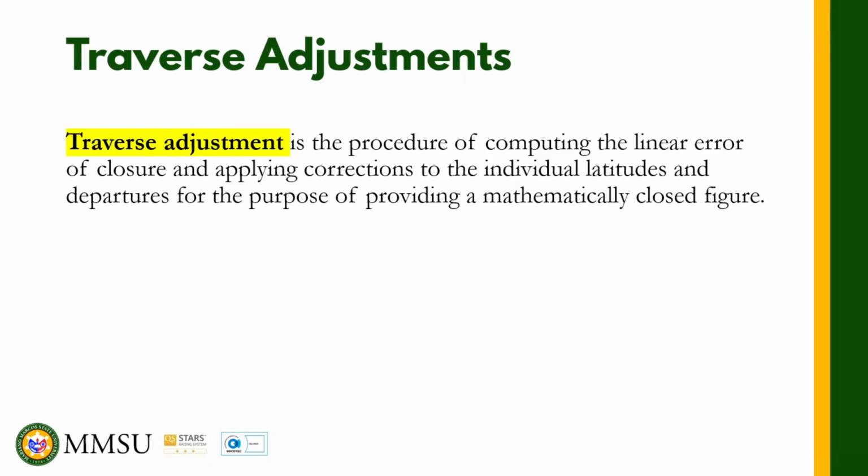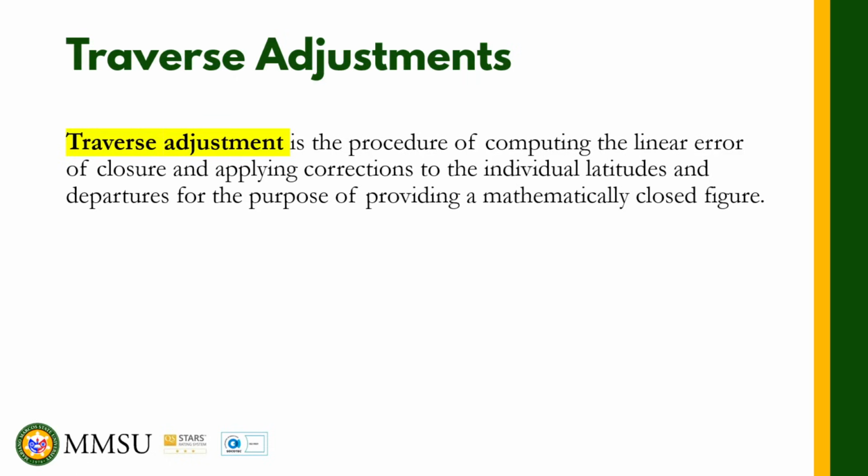Also, the adjustment should only involve small or allowable errors which must be within the range of the precision specified for the survey. So there are different rules or methods of traverse adjustment. We will talk about 4 of them in this video and in the succeeding videos. For this video, we are going to talk about the compass rule.